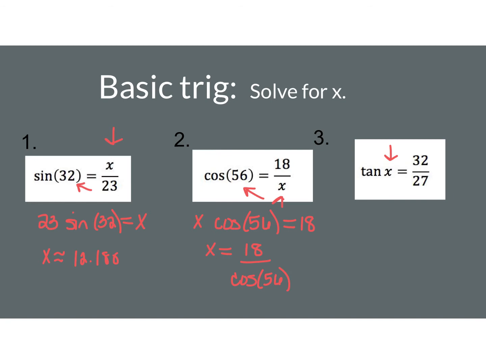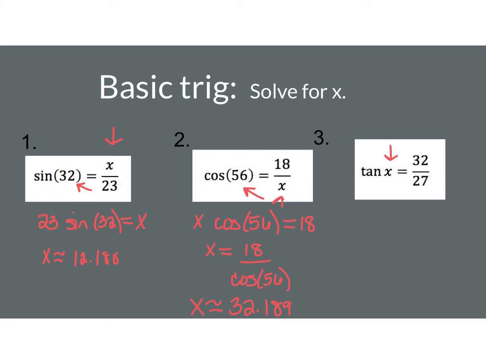Remember, the cosine and 56 go together. Cosine means nothing without that angle there. Now again, we can type this in our calculator to get the decimal approximation, which is 32.189.